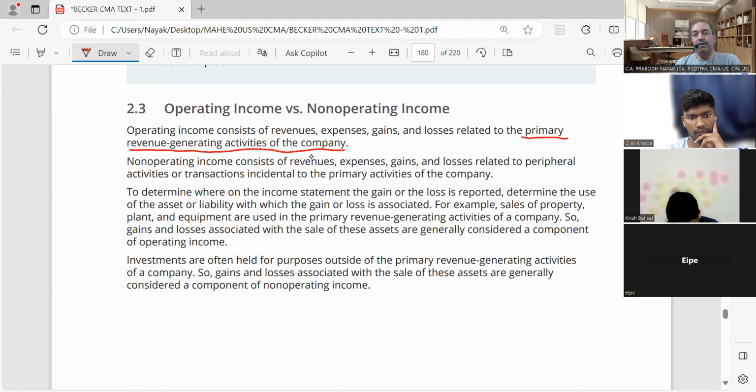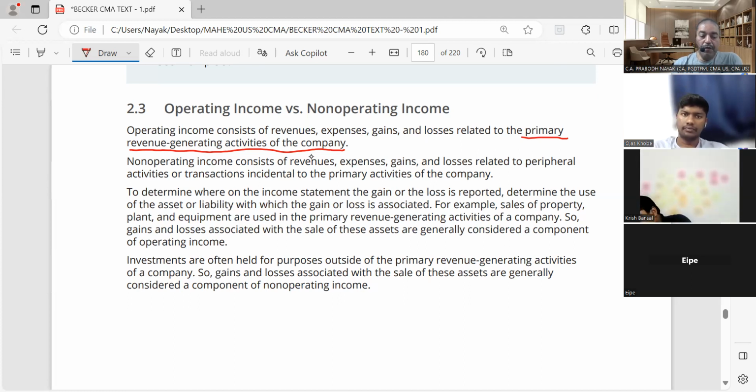That is called the non-operating income. Okay. So income from sale of goods is operating income. Income from interest received on investment is a non-operating income. Income from sale of asset is a non-operating income.